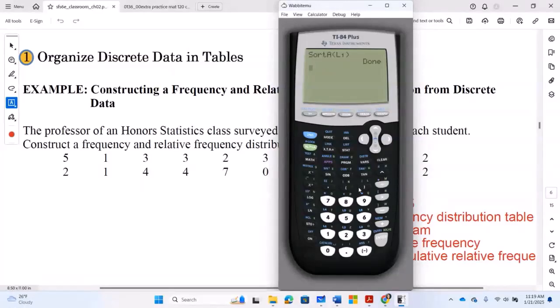Right here, I'm going to see what is the highest number and what is the lowest number, in other words, the maximum and the minimum. I already know that the minimum is 0 and the maximum is 7. But the data could be 3-digit or 4-digit numbers; this is just a simple data. It's telling me the sample size is 20, because it's asking me for the 21st number.